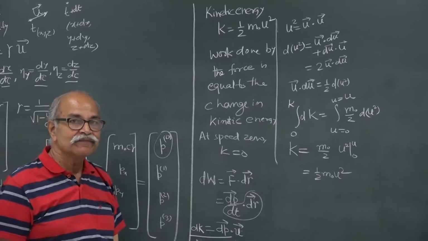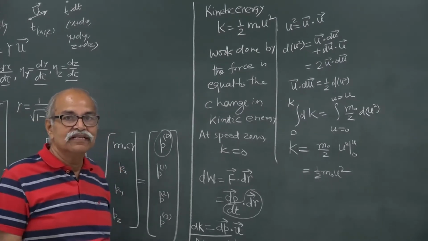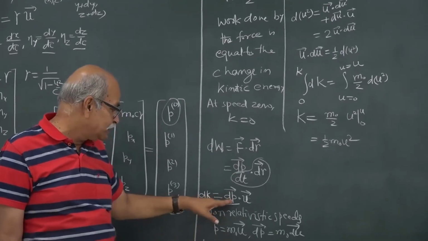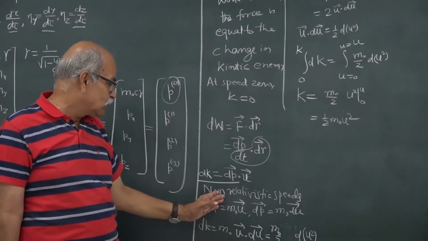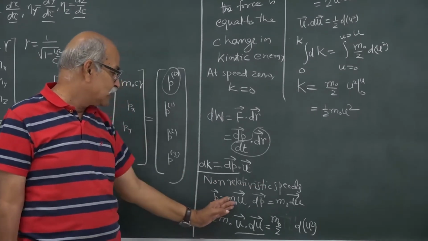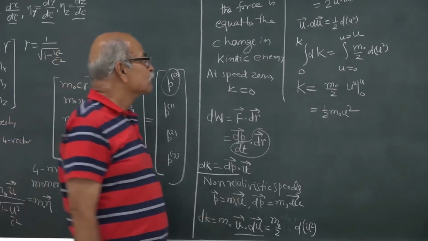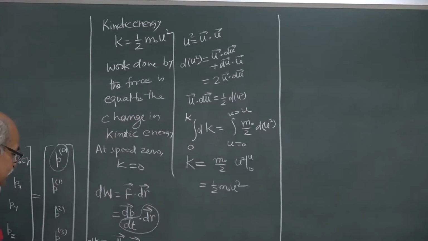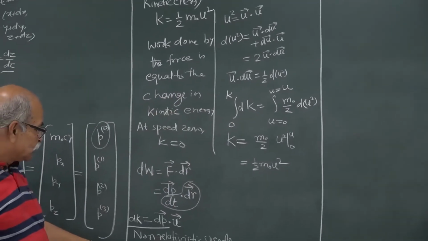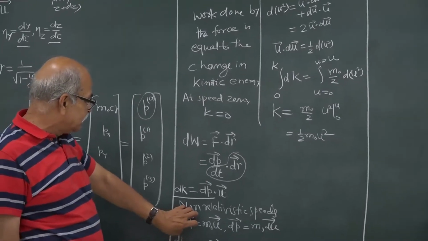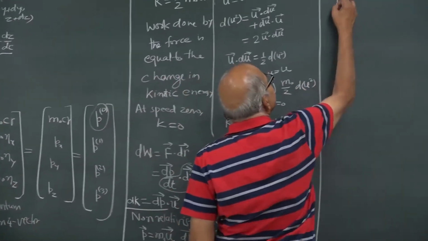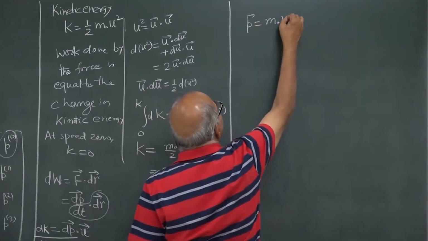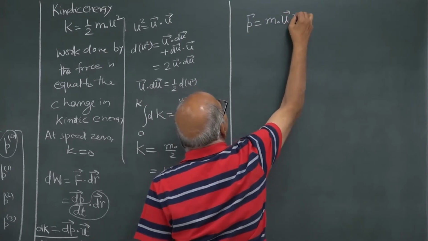What we want is to lift that restriction, the speed can be high. Up to here it is fine. Here we are using, for non-relativistic speeds, p equal to mu; here we have to make changes. So, if we are in this relativistic region, we should use the proper definition of linear momentum, and p is equal to not mass times velocity, but mass times velocity times gamma.